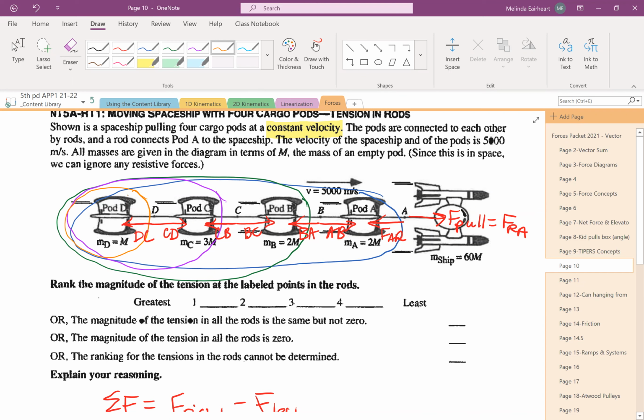So who's going to have the greatest tension when they're all going at constant velocity? The net force is 0 on everybody, right? But when we look at it as a system within a system, A should be the greatest, then B, then C, then D.